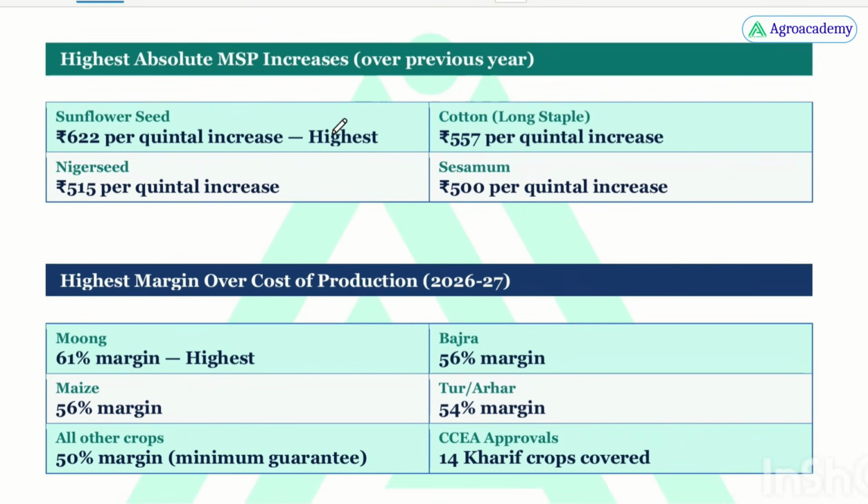The highest absolute MSP increase has been seen in sunflower seed, which is rupees 622 per quintal. Then in case of Niger seed, 515 rupees has been increased. In case of cotton, 557, and in case of sesame, rupees 500 has been increased per quintal.